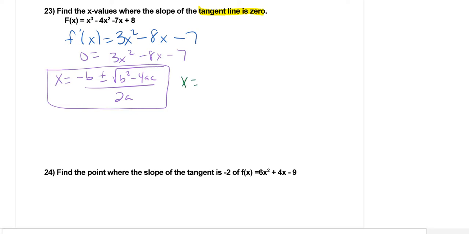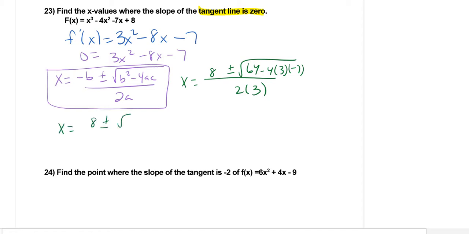So opposite of b is 8, plus or minus 64 minus 4 times 3 times negative 7. Very careful of your signs. All over 2 times 3. This gives me positive 8 plus or minus 64 plus 84.